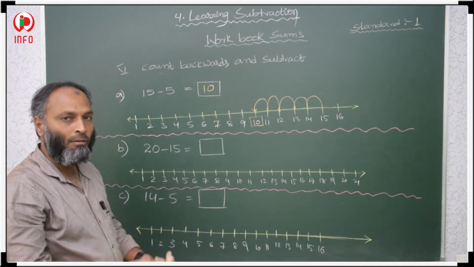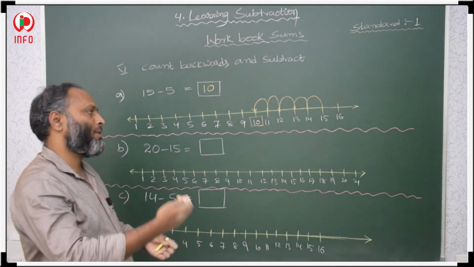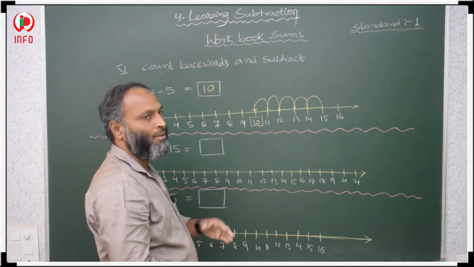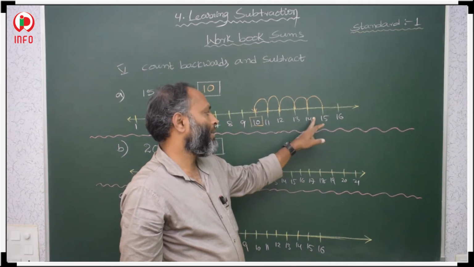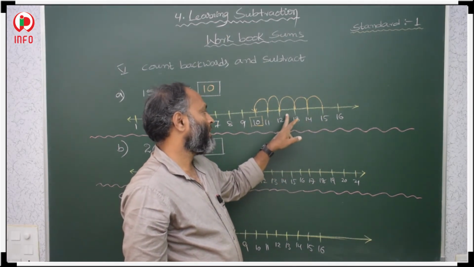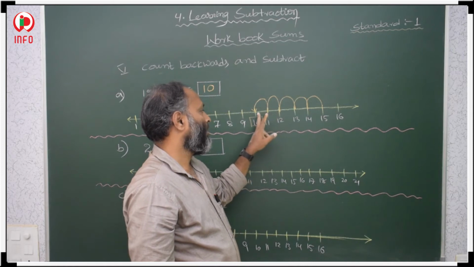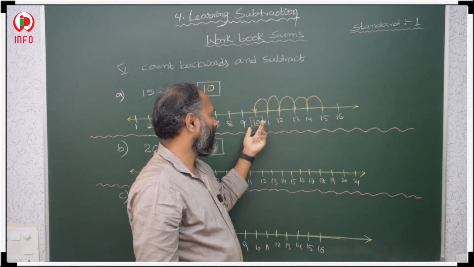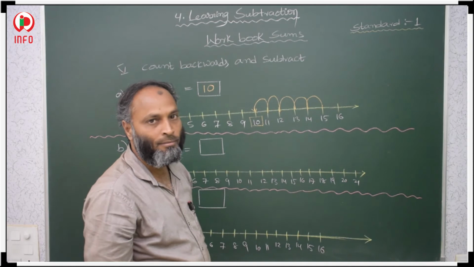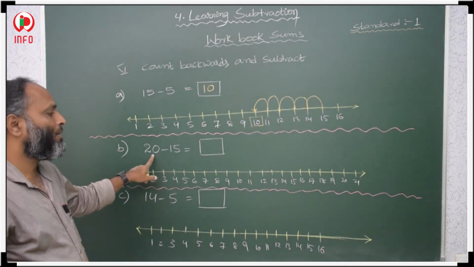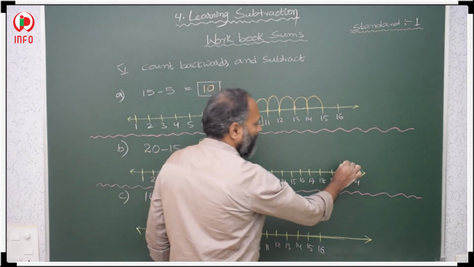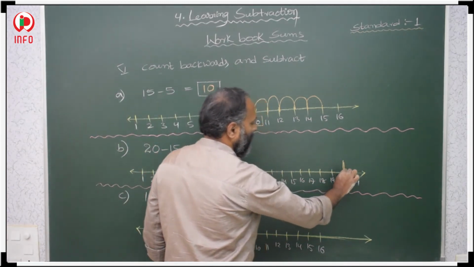It means we have to count 10 steps backward, 10 numbers. Means here you have 1, 2, 3, 4, 5. It means the answer is 10. In the same way, here 20. We start from 20.